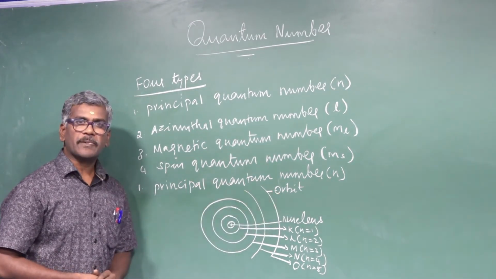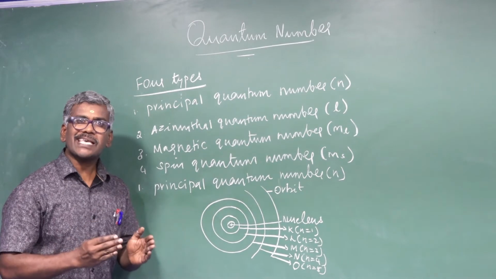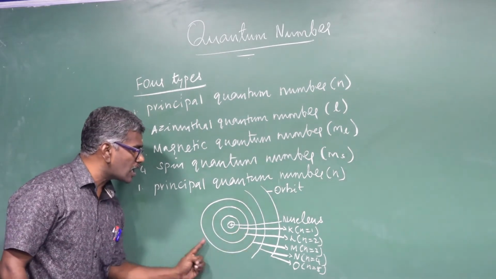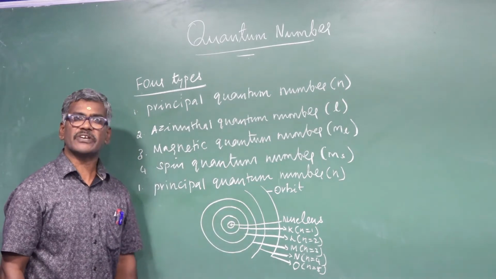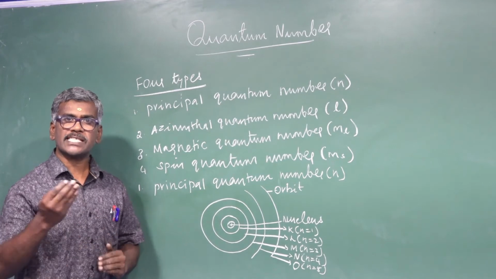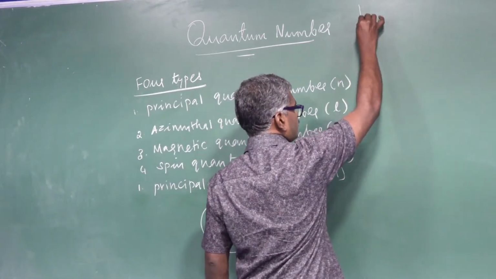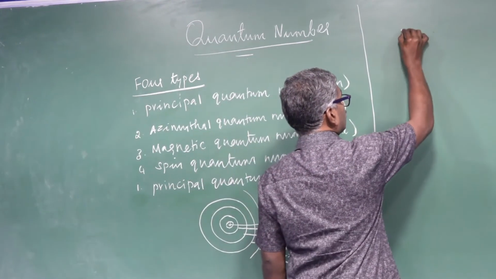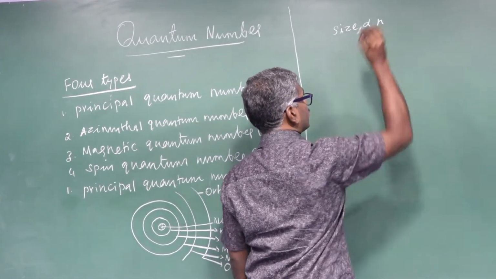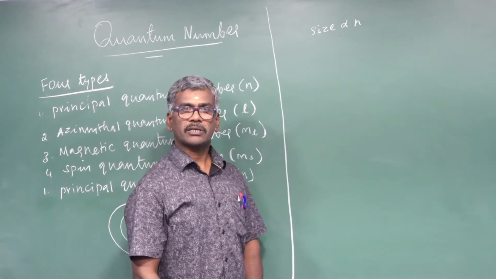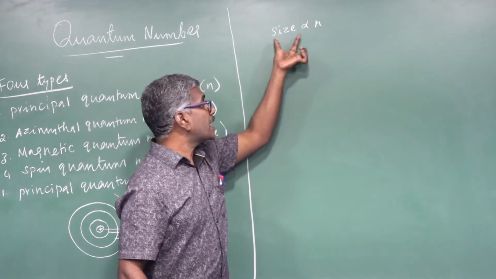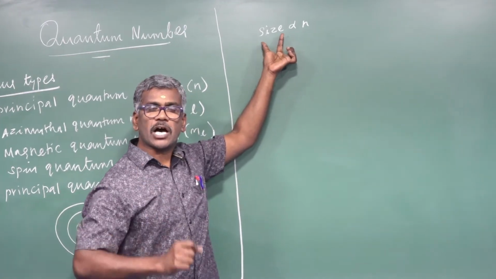The principal quantum number determines the size and energy level in which the electron revolves around the nucleus in the fixed path. Here, the principal quantum number depends upon the size. This is an important one-mark question, may be asked in the exam. The principal quantum number depends upon the size of the orbital.